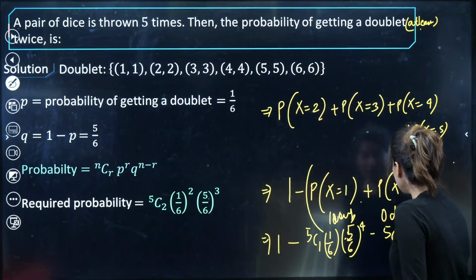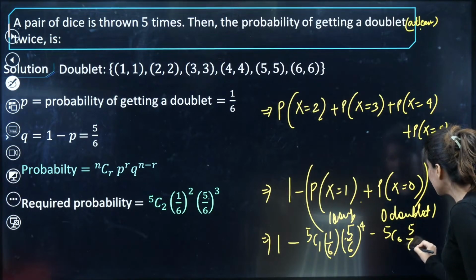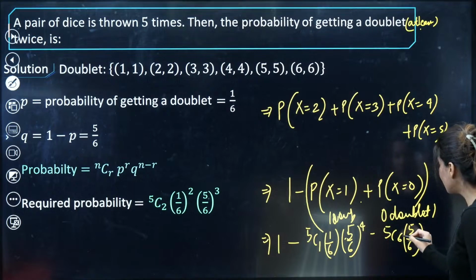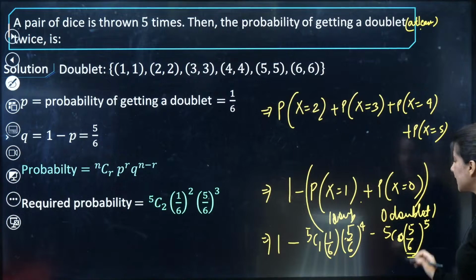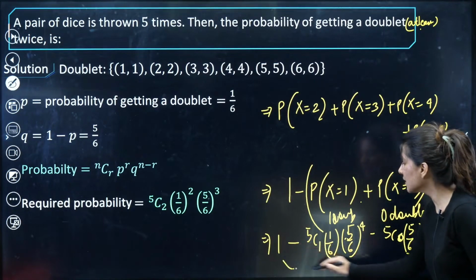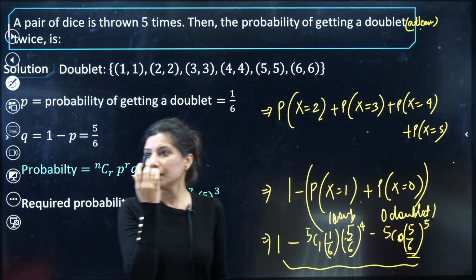Then 5C0, 0 doublet, that means all failure, so (5/6) raised to power 5. All 5 places we are getting no doublet. So this is what your answer will be, or directly you can do it from here as well.